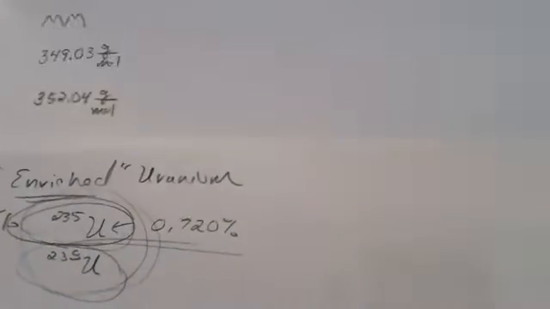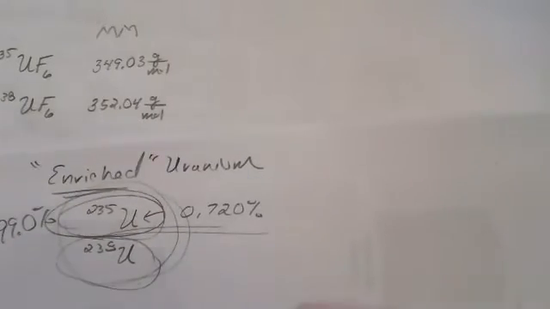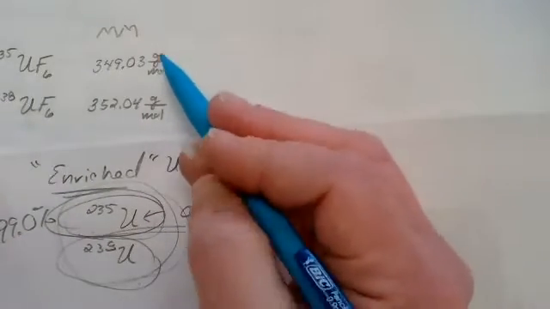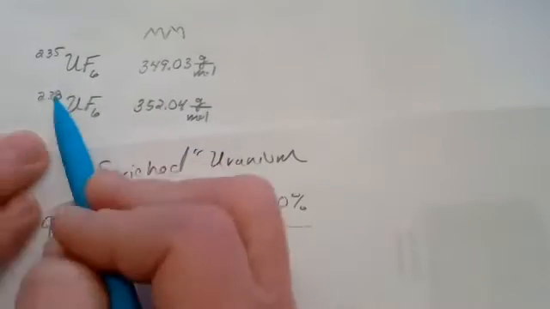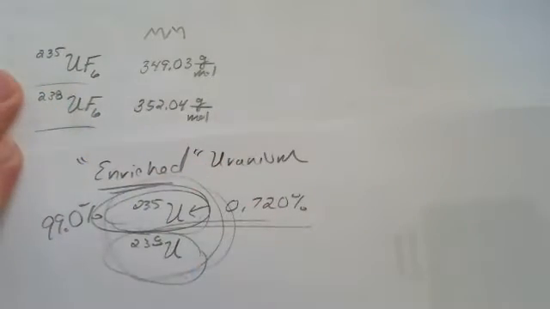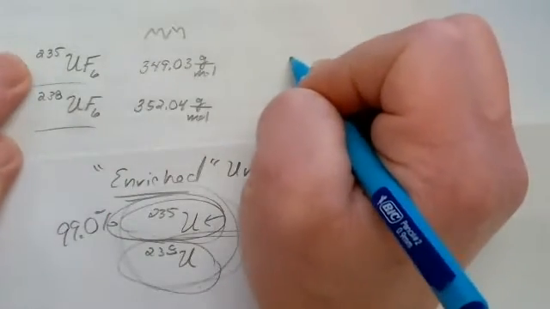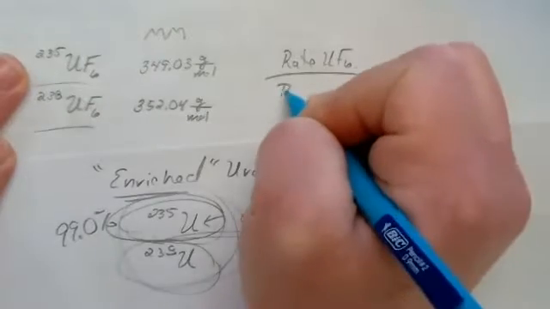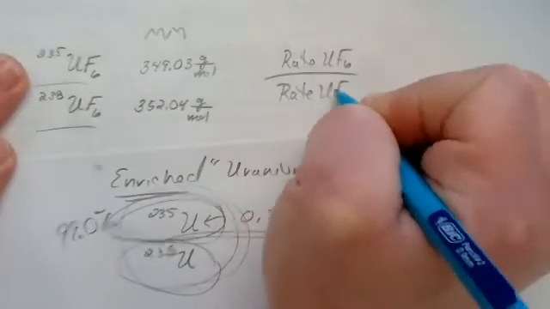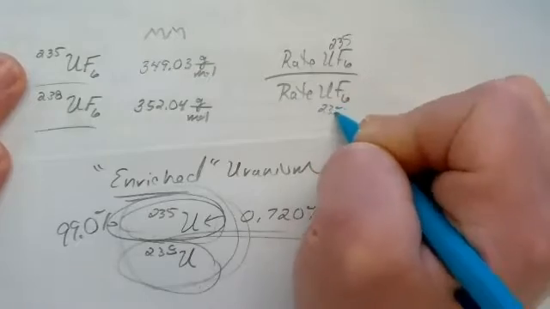And so if we go back to this situation, it was genius that an individual figured out that we could use differences in effusion to separate our different forms of uranium. And so if we want to determine the rate of uranium hexafluoride compared to the rate of uranium hexafluoride, but we'll do the 235 version over the 238.